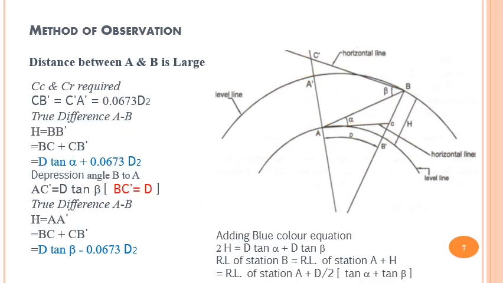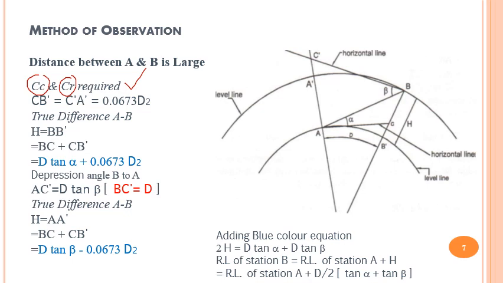Now, when the distance between A and B is large, then CC and CR are required, meaning the correction for curvature and the correction for refraction.